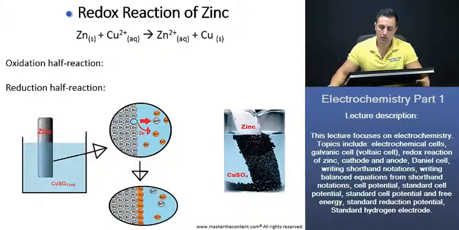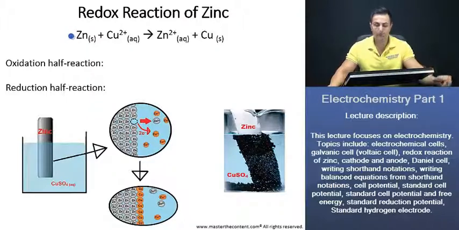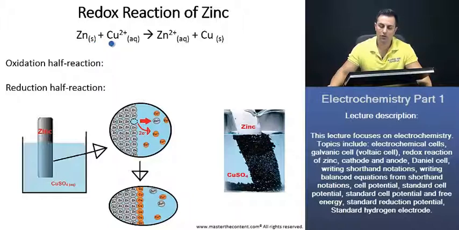We'll begin here with the redox reaction of zinc. Zinc solid reacts with copper ions to give us zinc ion and copper metal. If we look at the reaction, we have zinc metal placed in copper sulfate, and what occurs is that copper deposits on the zinc metal.